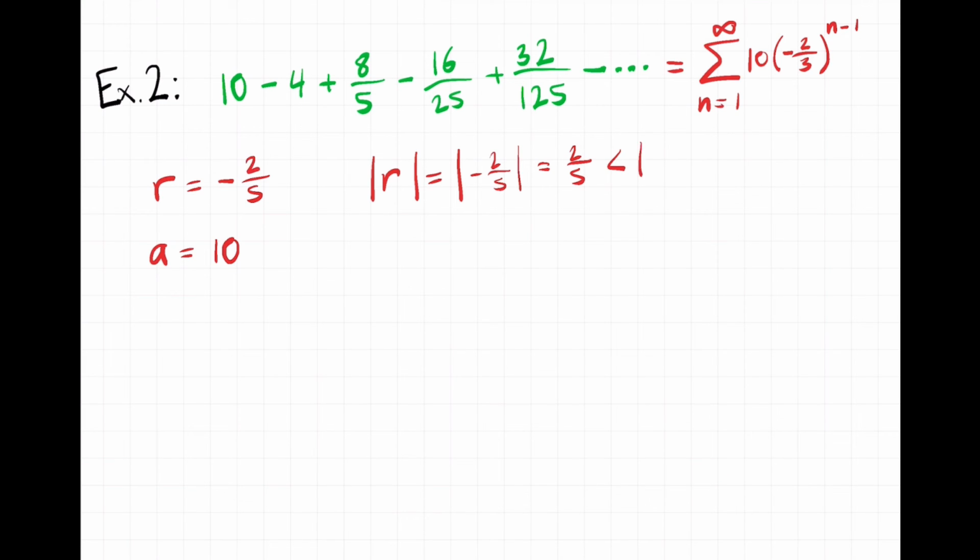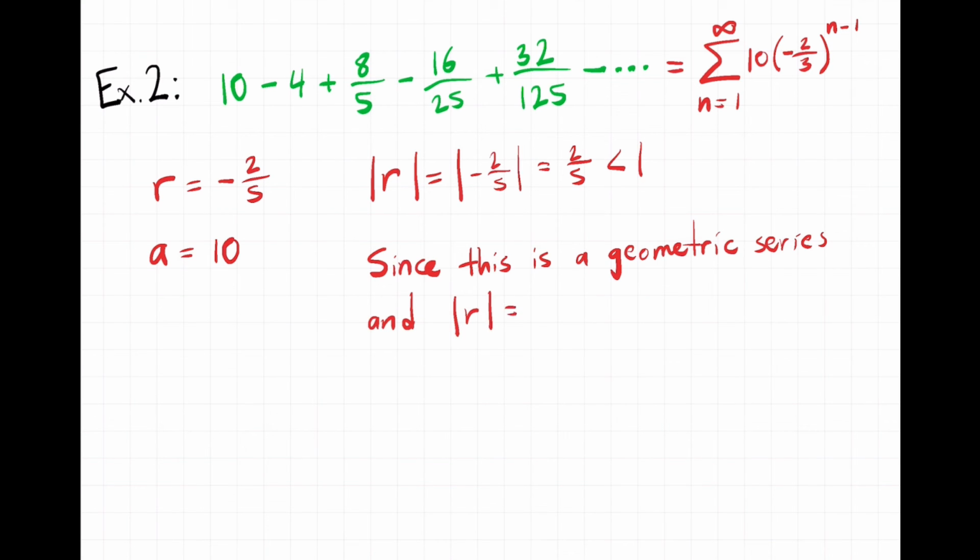So, we can say, since this is a geometric series, and the absolute value of r, which is the absolute value of negative 2/5, is less than 1, the series converges.